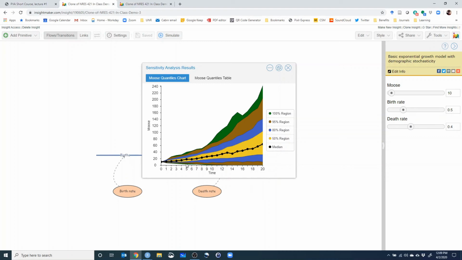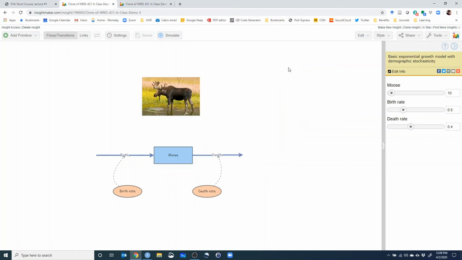This population could go extinct, and it could increase fairly dramatically. It's hard to know because the future is totally uncertain. And so this provides a way for us to embrace the uncertainty we have about the future.